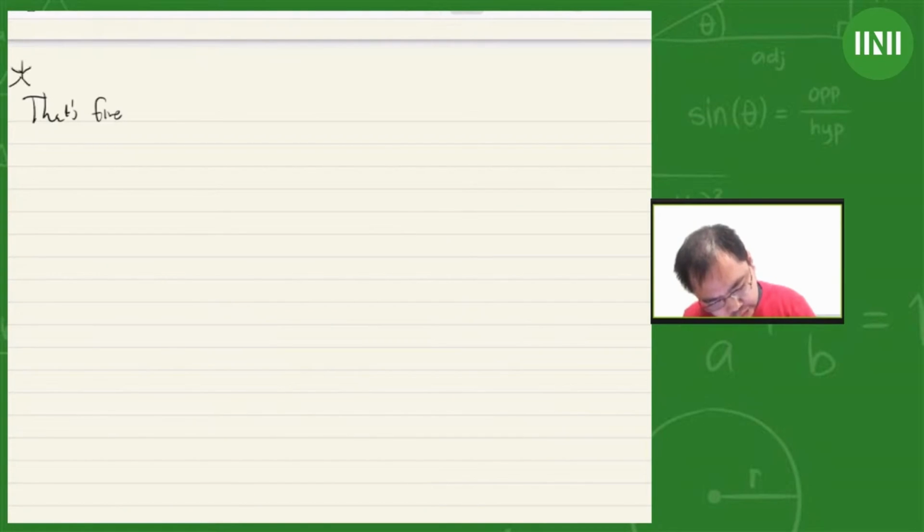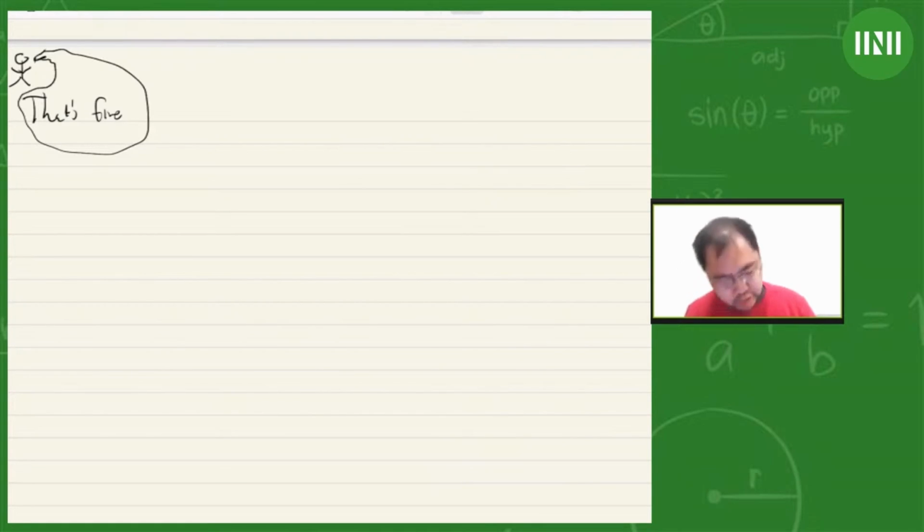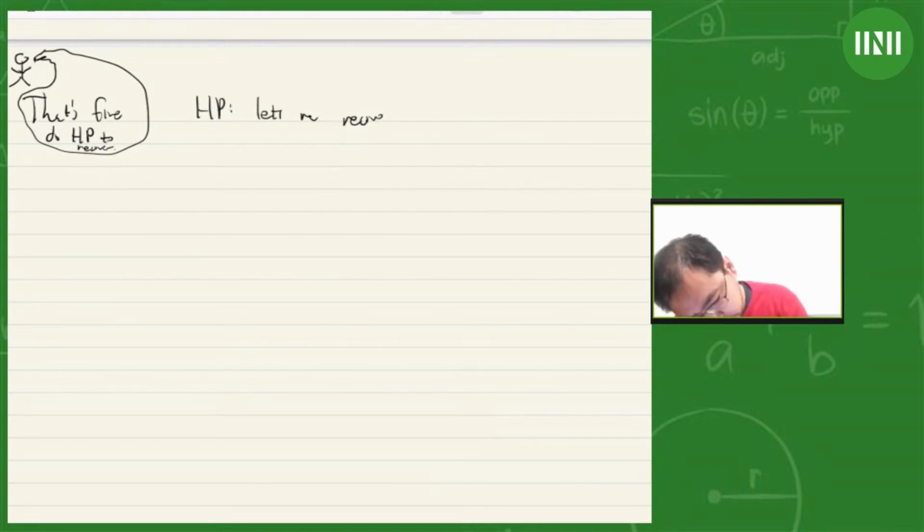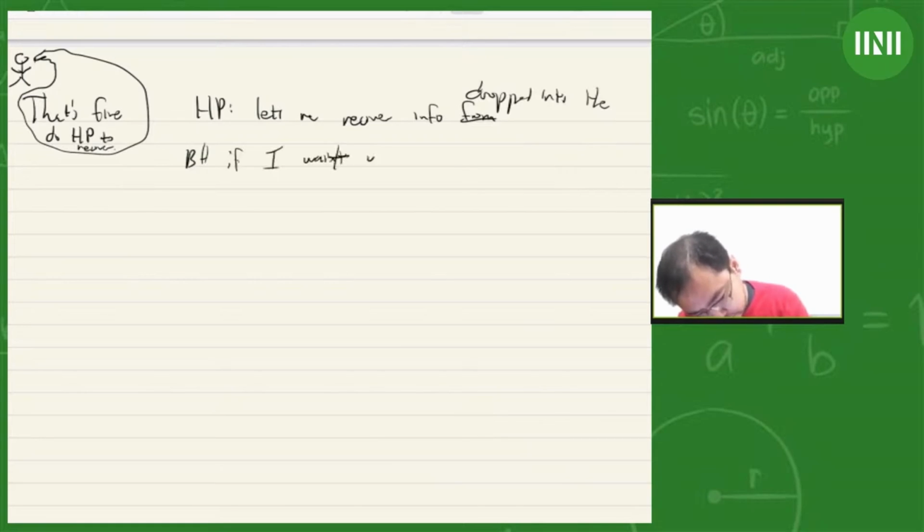Someone says, just do Hayden-Preskill to recover. And that's true. Hayden-Preskill, if I wait long enough, lets me recover information dropped into the black hole, if I wait until after the Page time.